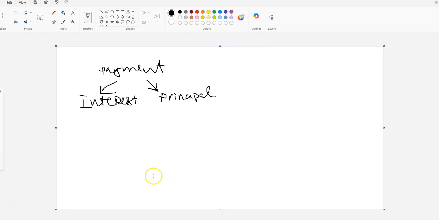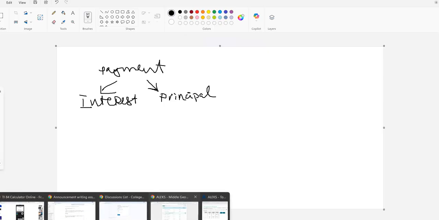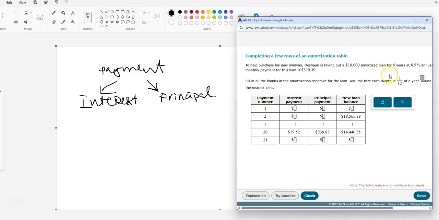Now, principal will go straight to cover the $19,000. So the $19,000 should be decreasing with each monthly payment, but it's not like you subtract the monthly payment that Deshaun agreed to pay, which is $319.39.